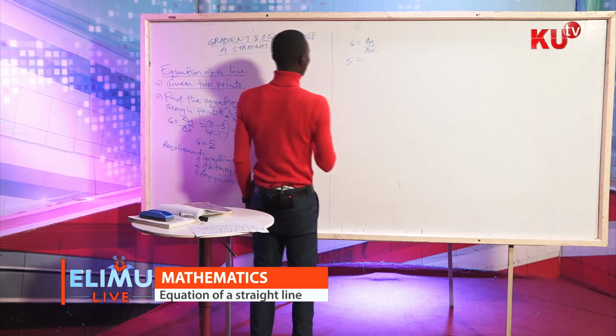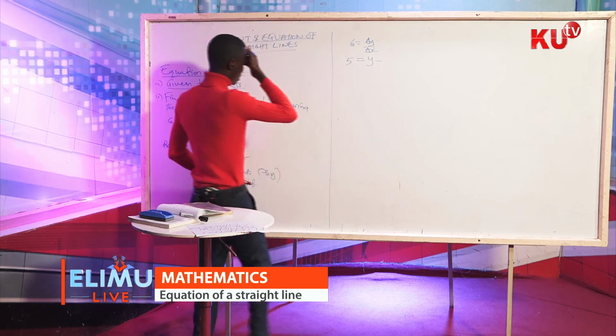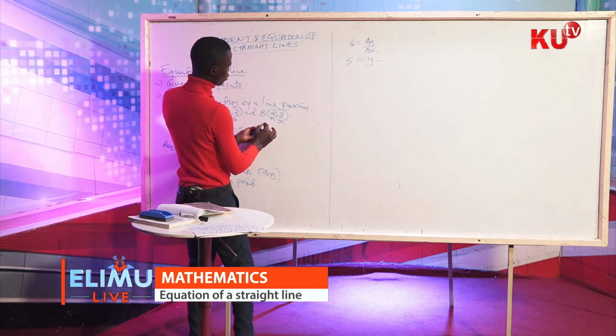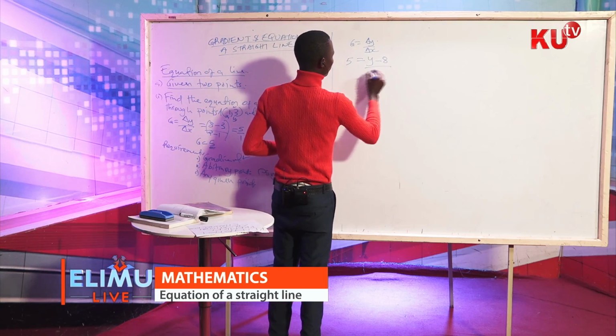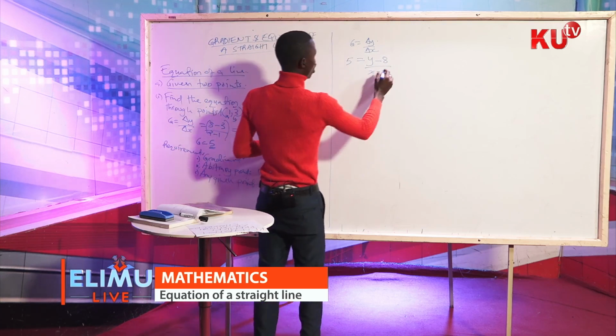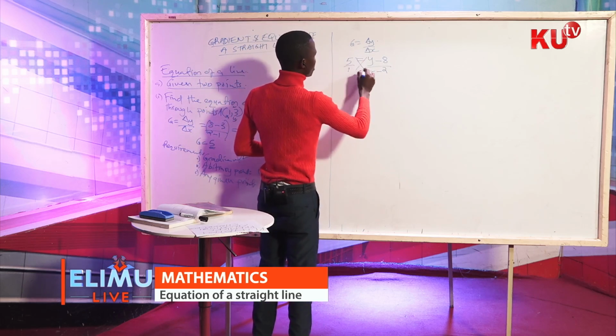which will be change in y. We take one arbitrary point, which is y minus. In my case, I will use B, which will be 8, y minus 8 over x minus 2. So what do we do? We cross multiply.